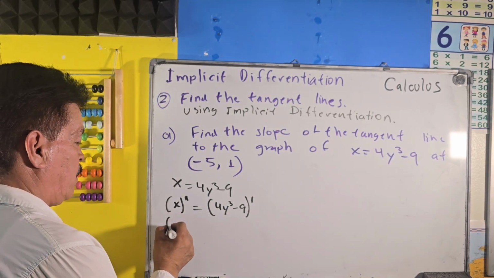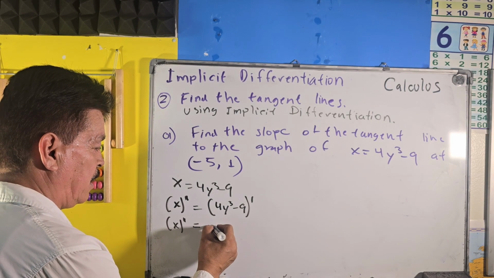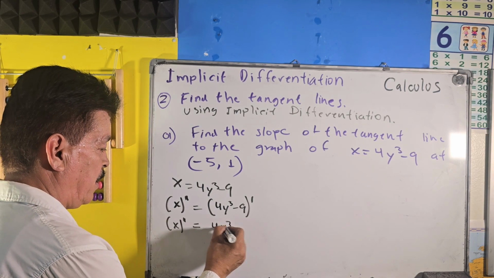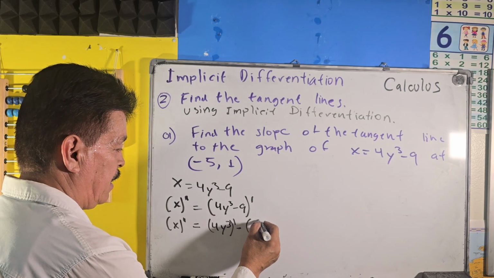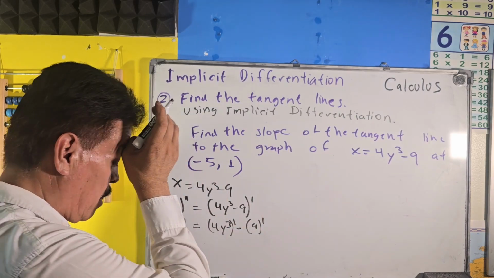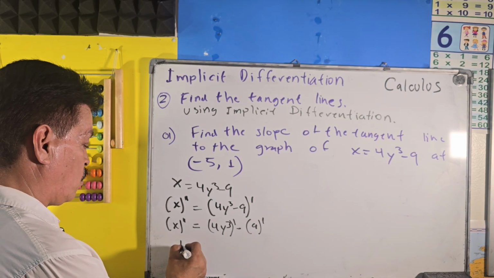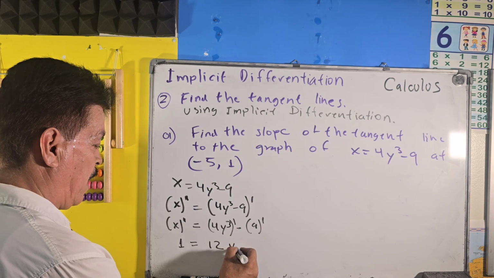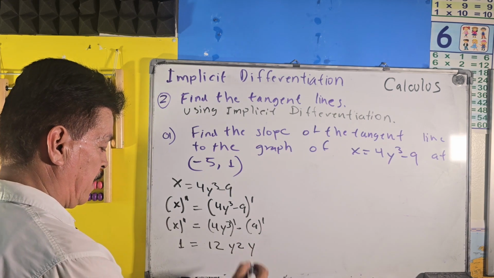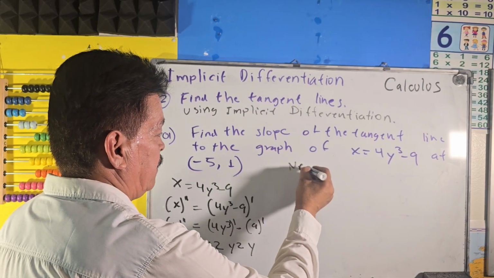Then this will be 1 equals 12y squared y prime. See, next step.